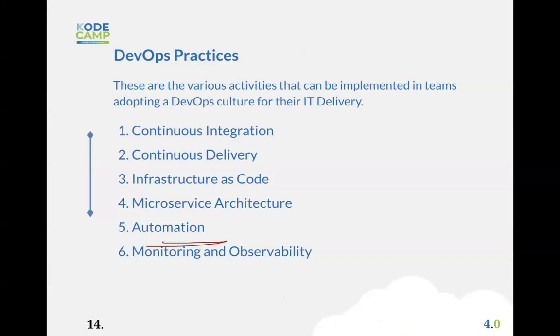Then monitoring and observability. We've talked on this a lot. You need to know what is happening inside your software. You need to know what is going on. You can't be blind. You need to look at what is important and be able to pinpoint errors when they are occurring. Pinpoint abnormalities when they are occurring, right?